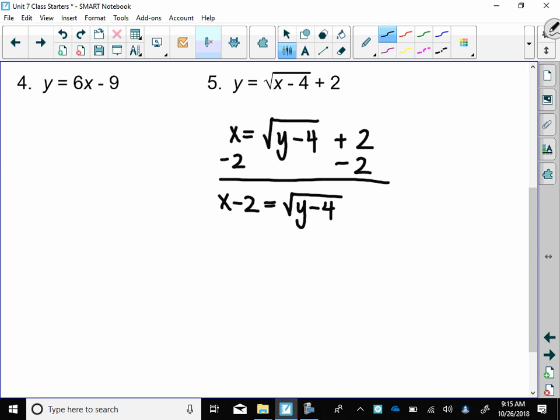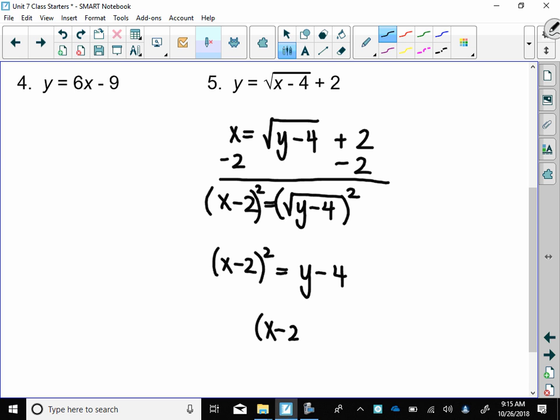Then what? How do you get rid of the square root? Good. You square it. So that's going to be x minus 2 squared equals y minus 4. And then we'll add the 4 over. So we have x minus 2 squared plus 4, and that's our inverse.